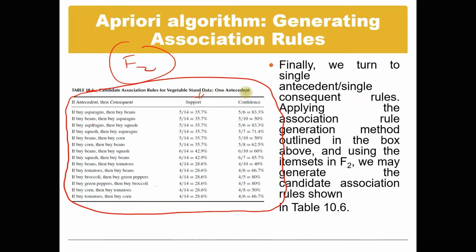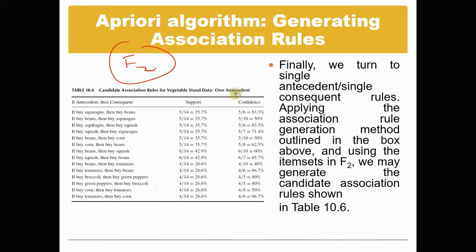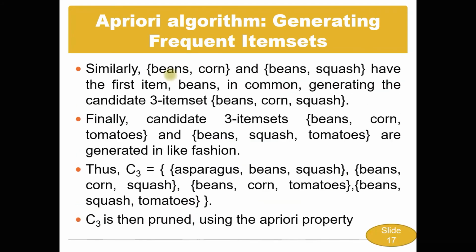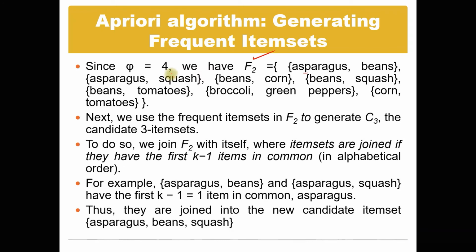So you can also find out the confidence. You can compute them as we explained in the class, as I explained to you earlier. So that's part of the frequent two-item set that we are done. Let's get back to now two antecedent rule. So we have been able to develop a one antecedent rule so far through these, but now we need to move on to find F3.